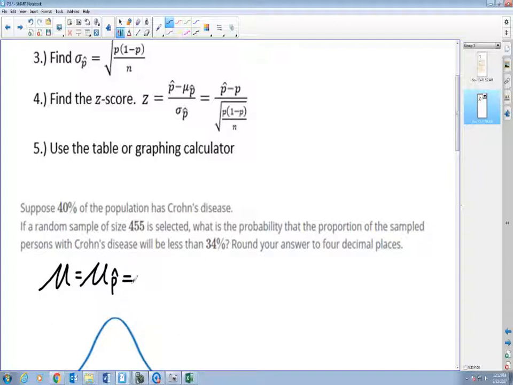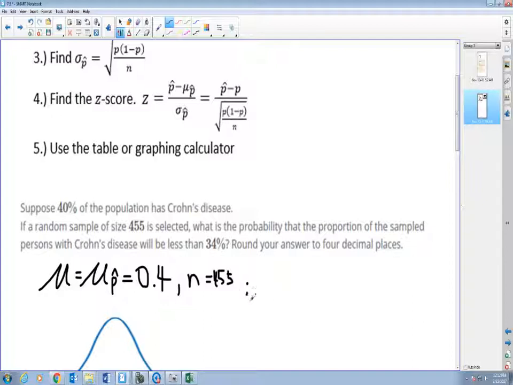They will be the same thing eventually, which is 40%. So if we take a random sample of 455 people, what is the chance that the proportion of the sample with Crohn's disease will be less than 34%?